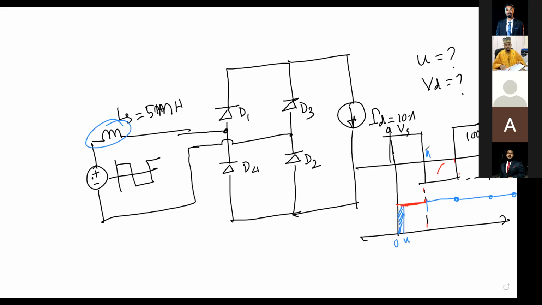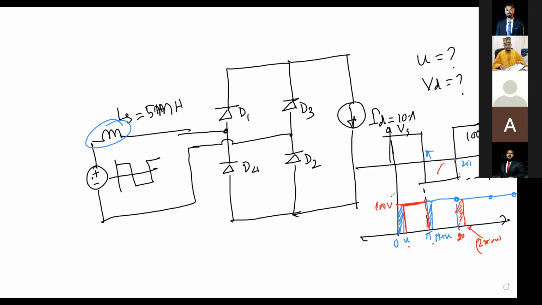And this is your pi, and suppose this is your twice pi. And here also you will lose this area, pi plus U. And you will again lose this area, right? This is your twice pi plus U. So actually we got this value, pi to this one, and this will be 100.